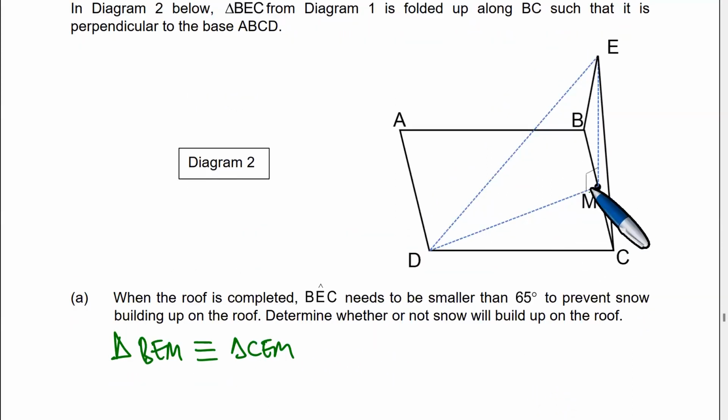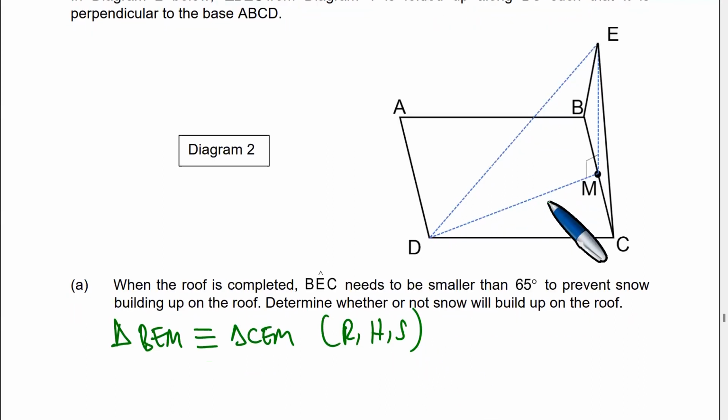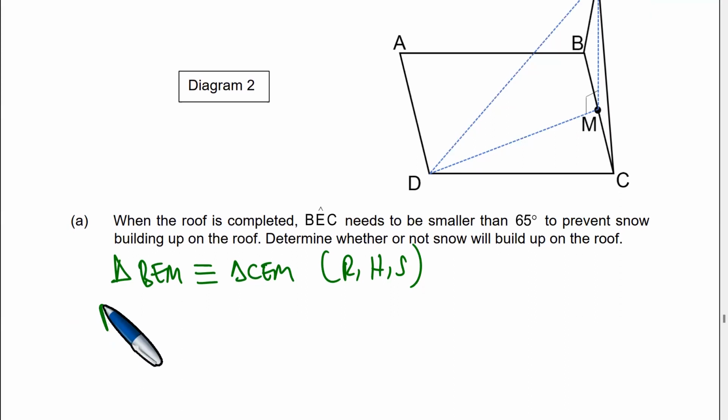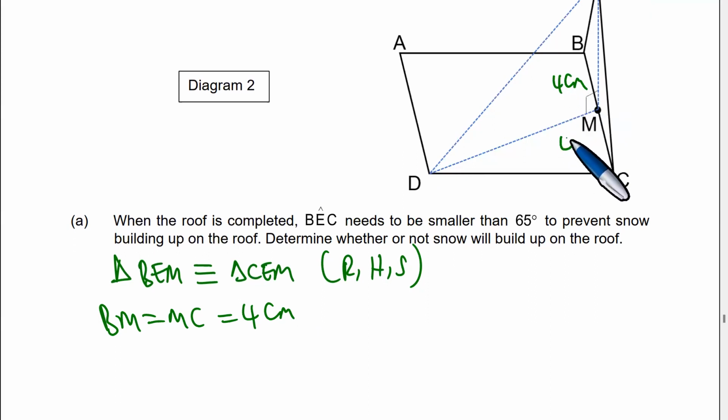Right, you need to realize that triangle BEM is congruent to triangle CEM because there is a right angle in there, so right angle, hypotenuse, and a side. But BM is MC. BM is MC equals 4 centimeters. So BM is MC equals 4 centimeters.